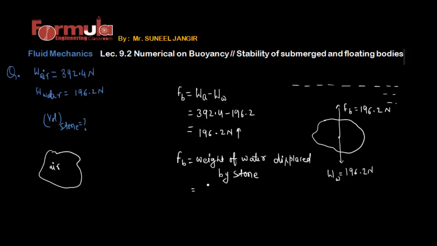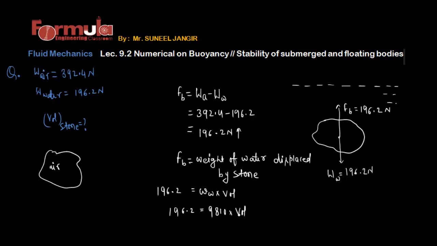We can calculate this weight as the specific weight of water times the volume of water displaced. We know FB is 196.2 Newton, and the specific weight of water is 9810, and this is the volume.